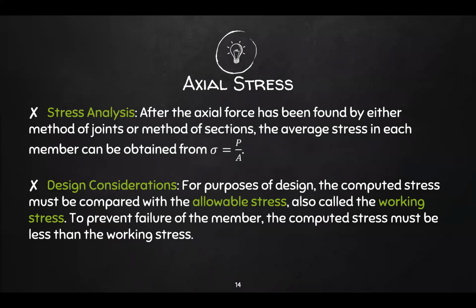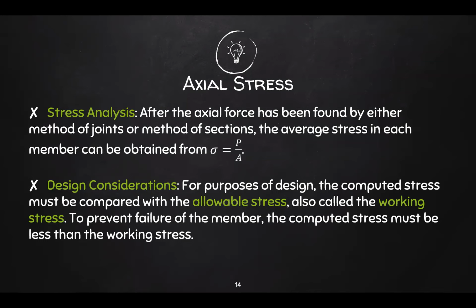Now let's talk about the analysis of it. So stress analysis specifically for trusses. So after the actual force has been found by either method of joints or method of sections, the average stress in each member can be obtained from sigma equals P over A. So that's the reason why we reviewed method of joints and sections, because we're going to use it again here.